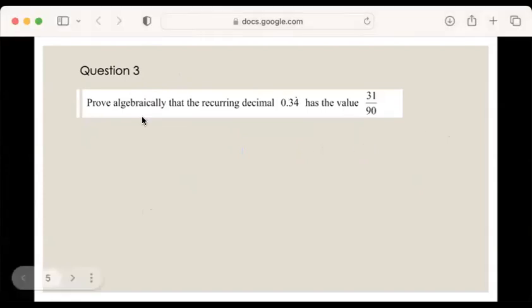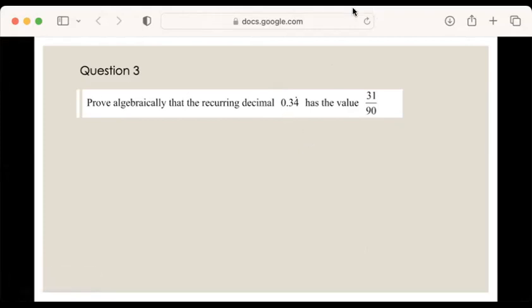What they want you to do is prove that this is equal to this. At once it might look kind of difficult, but believe me, this is very easy.